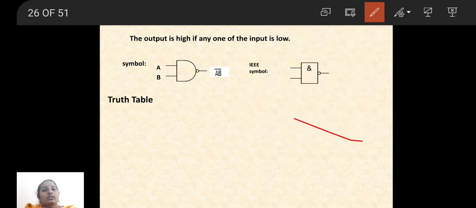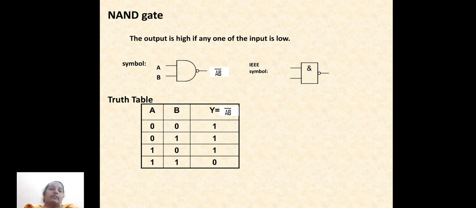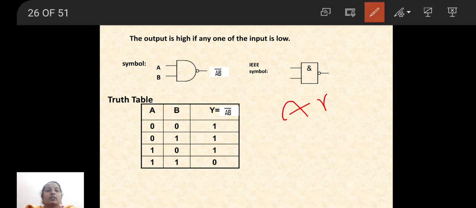So next, see the truth table once. I consider two variables A and B. If both are 0, we are getting 1. Why? Because here we are taking the complement function of AB. A 0, B 0, we are getting A into B equal to 0.